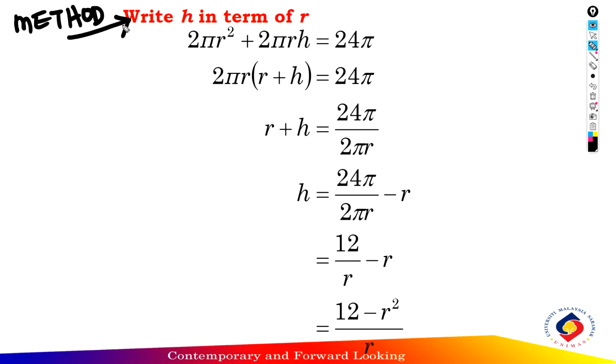First method, write down the height of the cylinder in terms of the radius. So you write down the equation 2πr² plus 2πrh equals 24π, the total surface area of the cylinder.